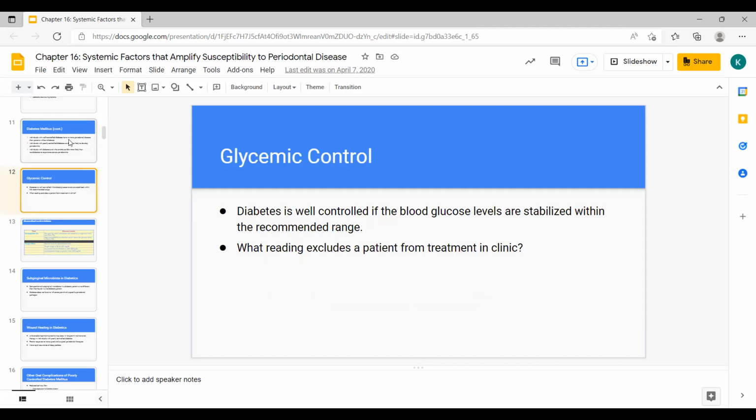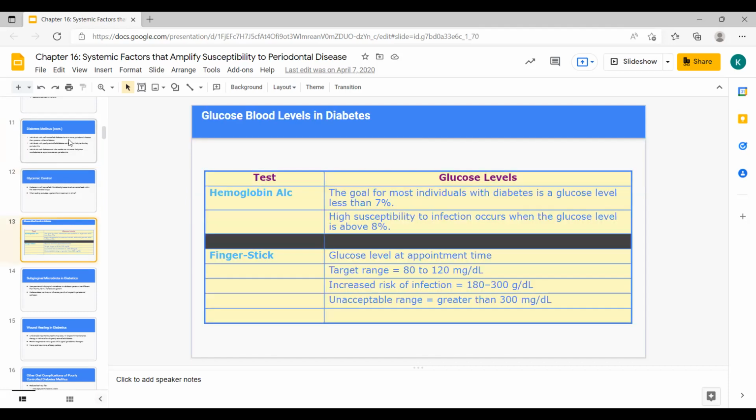Okay, glycemic control. Diabetes is well controlled if blood glucose levels are stabilized within the recommended ranges. And what reading excludes a patient from treatment in the clinic? So our A1C, the goal for most individuals with diabetes is a glucose level less than 7%. High susceptibility to infection occurs when the glucose level is above 8%.